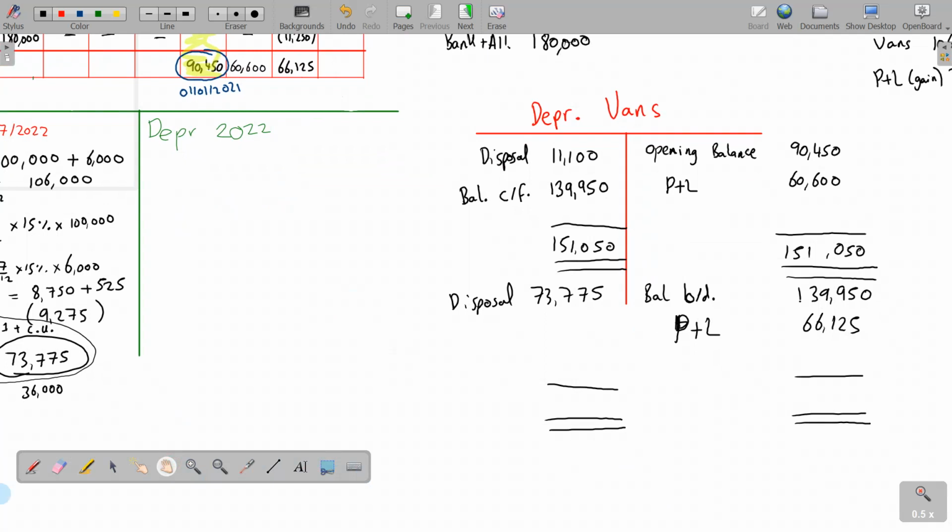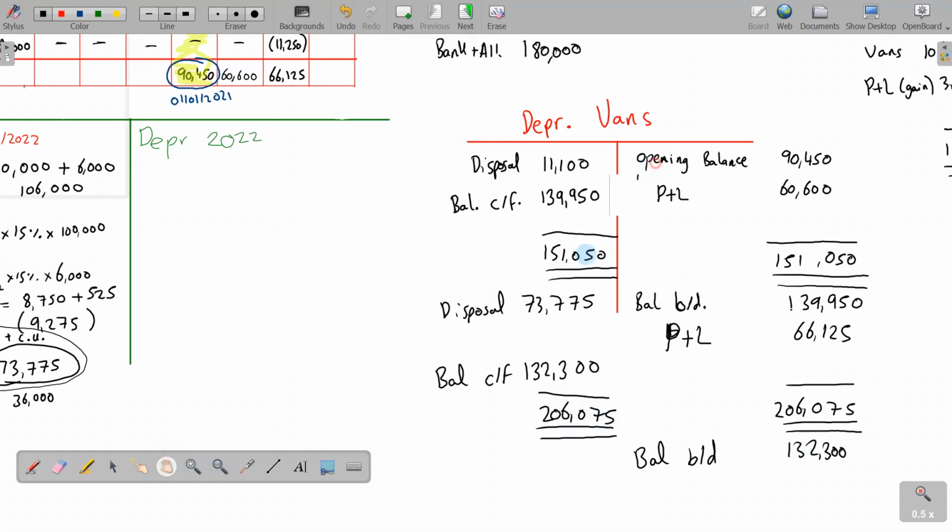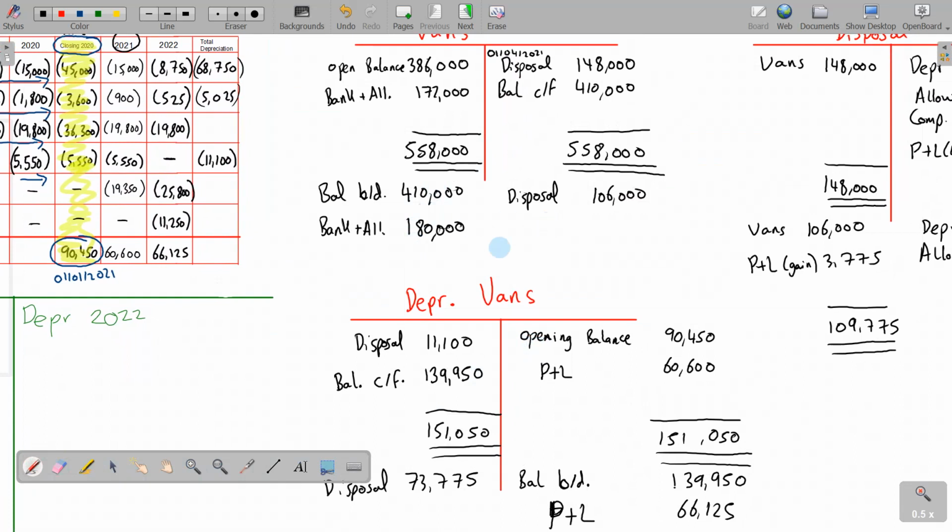And that makes sense because all our opening balances are on the debit side. So 206,075, take away the depreciation associated with our disposal, so our van 1. So we are left at 132,300. Balance carried forward, balance brought down 132,300. Don't forget this here. That's done. Our depreciation account is done. Bank plus allowance, that's actually done as well.